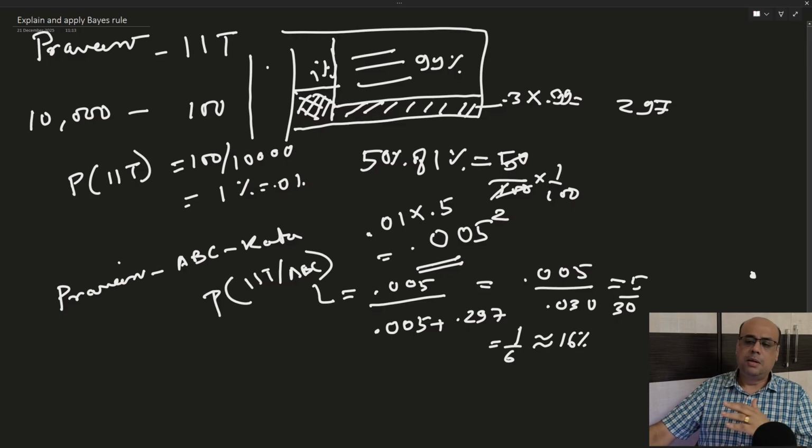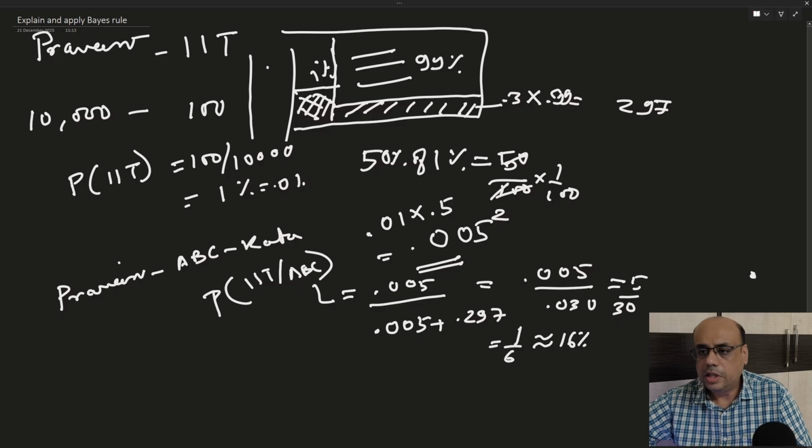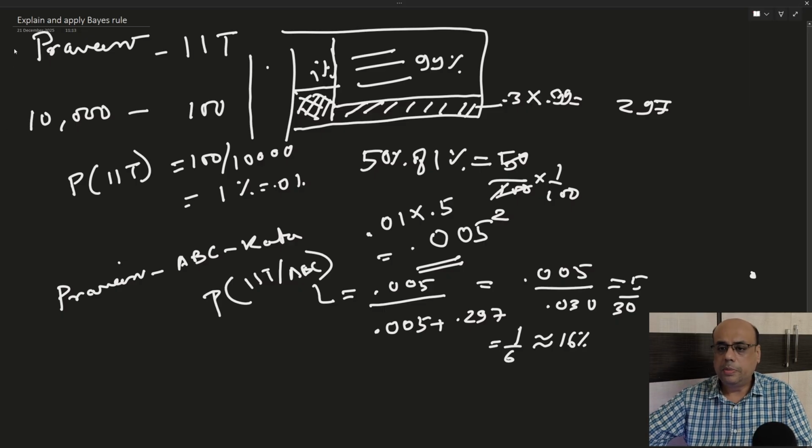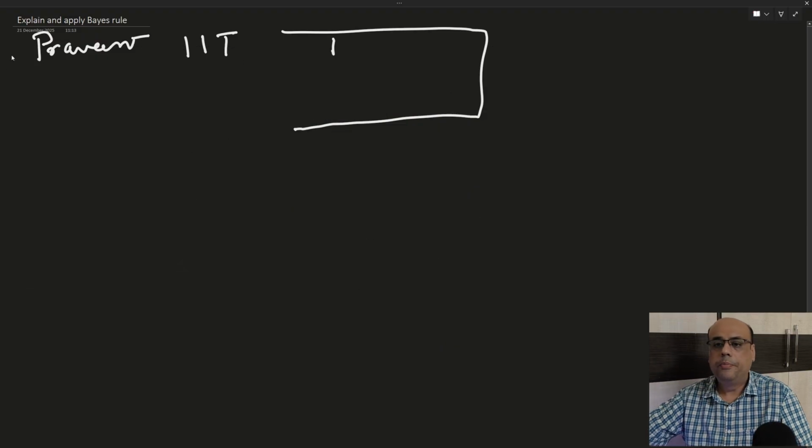Now, looking at another example, like I mentioned, Bayes theorem finds application in medical science also. If we take an example on the medical side, we can explain the concept of Bayes theorem even better.